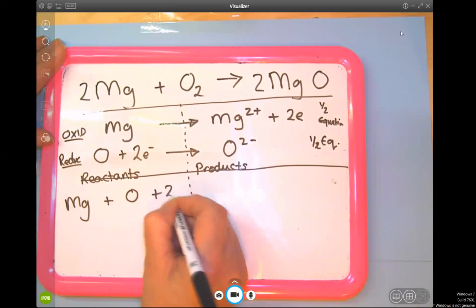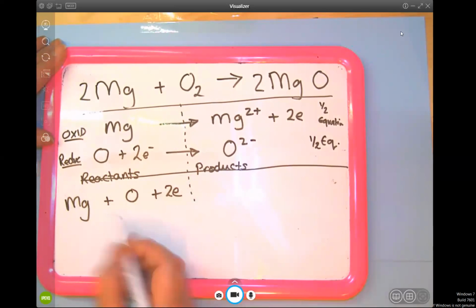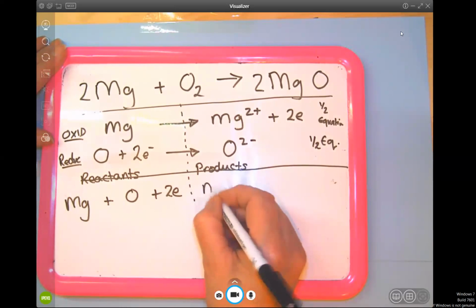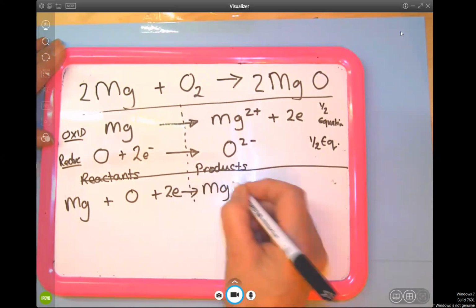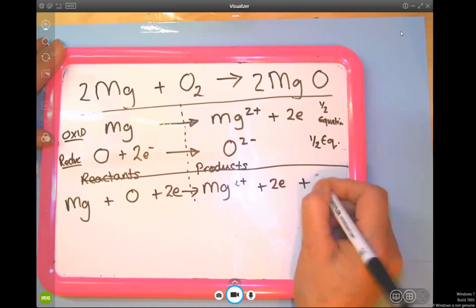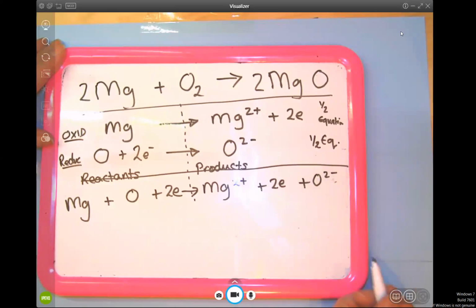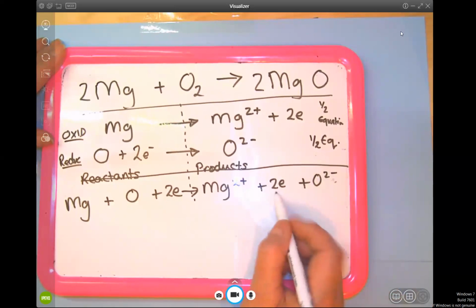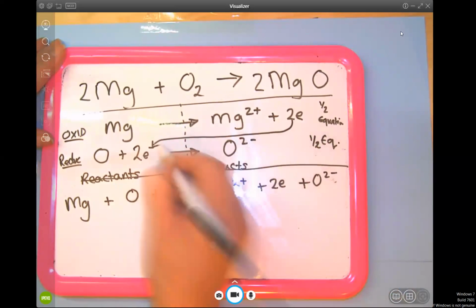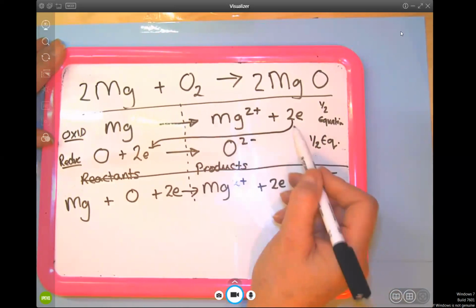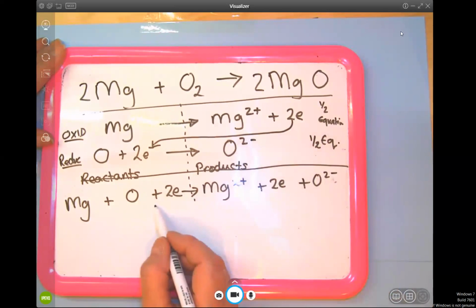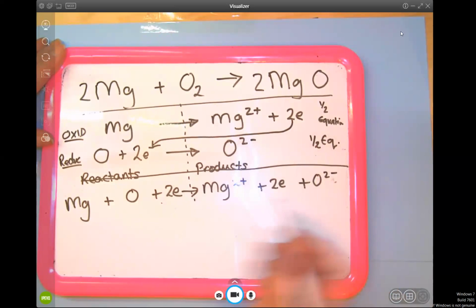My magnesium lost, my oxygen gained 2 electrons. I made magnesium 2+ ions, and the 2 electrons that it lost, and an oxygen ion. Okay, we can see that these electrons are the same as those electrons because the magnesium lost its electrons and the oxygen gained them. So in my equation, these electrons cancel out.